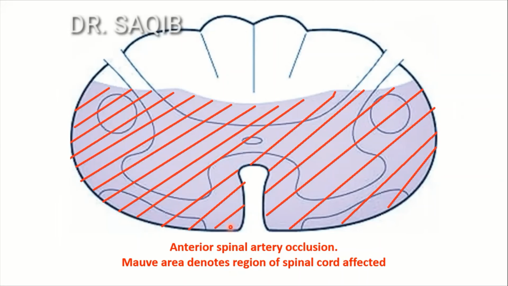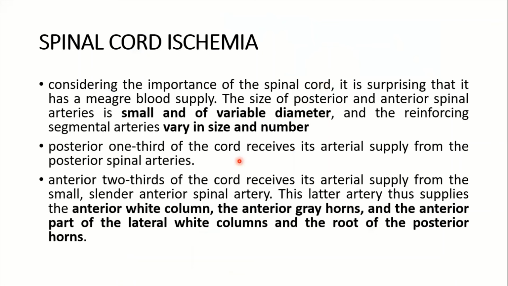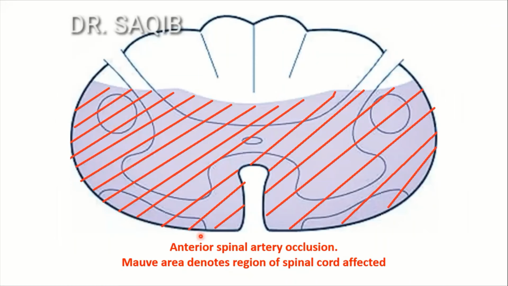This will be the lateral spinothalamic tract. And here you see the spared tract, the dorsal column system. And also you see the affected area here is the anterior columns of the gray matter, right? Anterior horns.